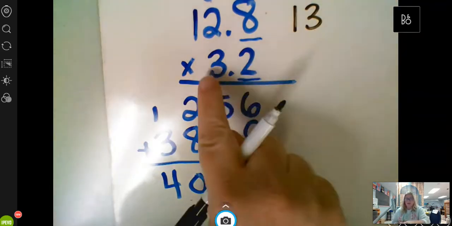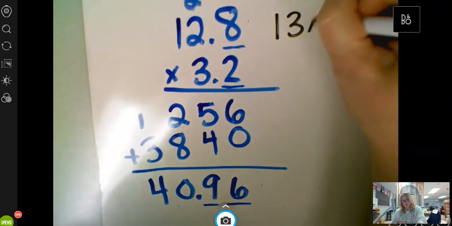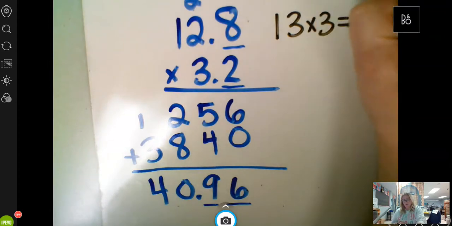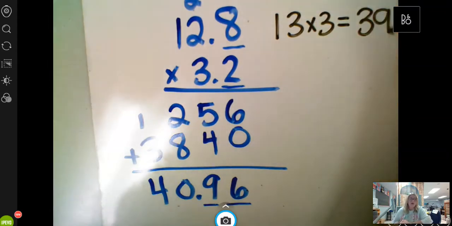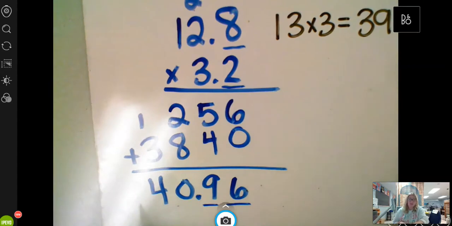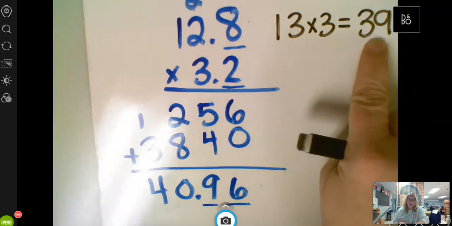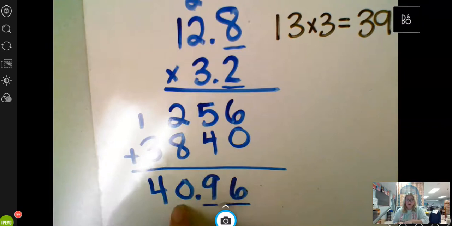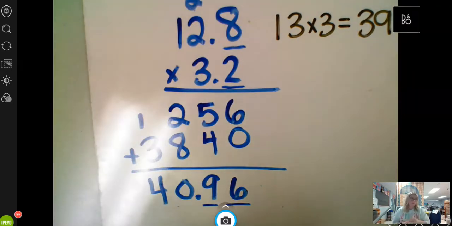And 3 and 2/10 is pretty close to 3. If I multiply 13 times 3, I get 39. And for my answer, I got 40 and 96 hundredths. Those are pretty close. So that tells me that I probably put my decimal in the right place.